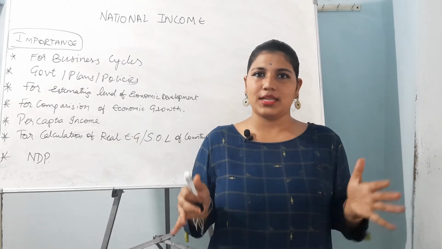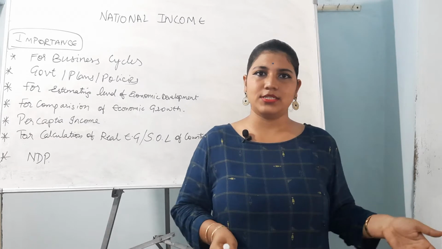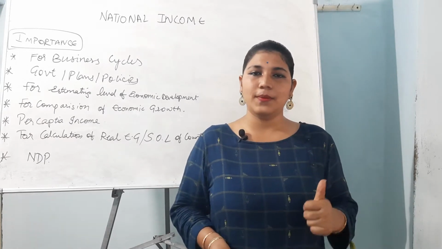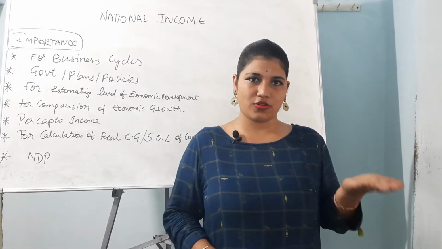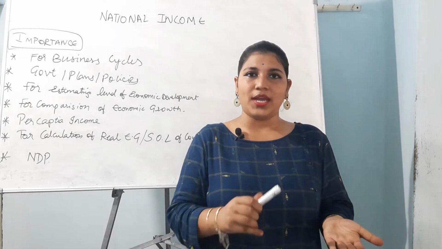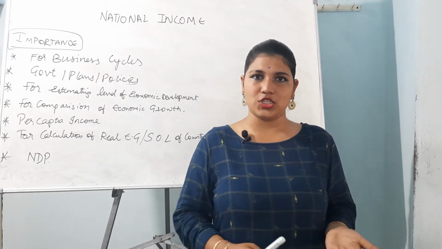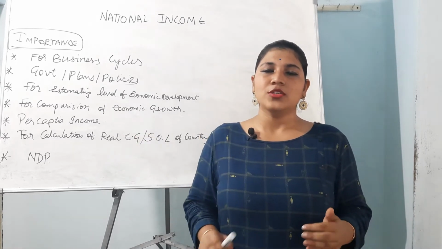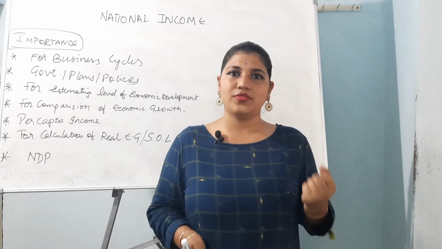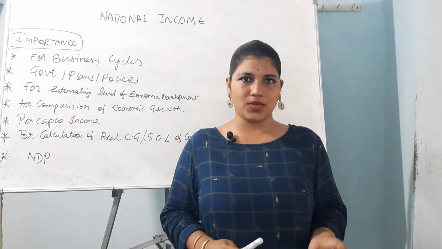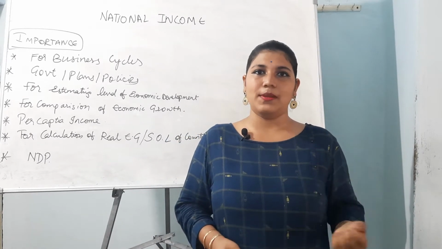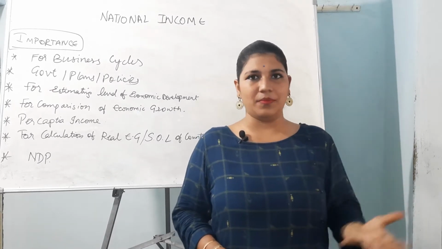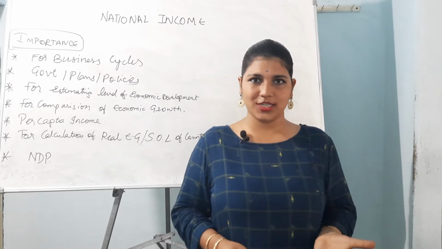We just say that it is going into the recession or depression stage, but we don't know actually why. But when you understand the calculation of national income, whether there is a growth or decline in it, it will tell you the main reason why the business is going that way. The main income we get for national income is from businesses only, right? Many people are starting startups and businesses, many millionaire companies, and they contribute to national income.